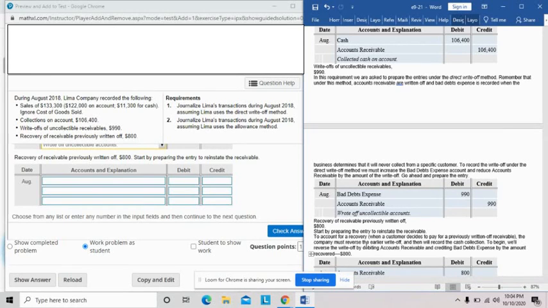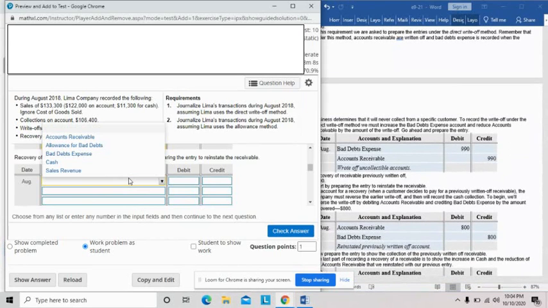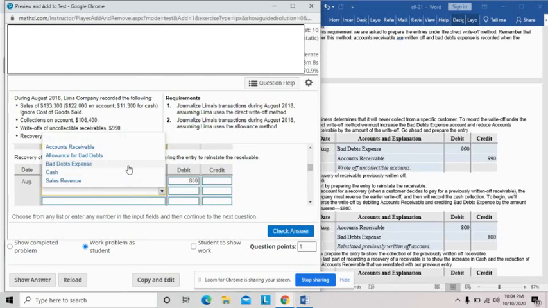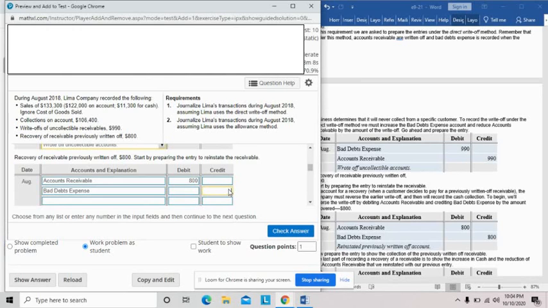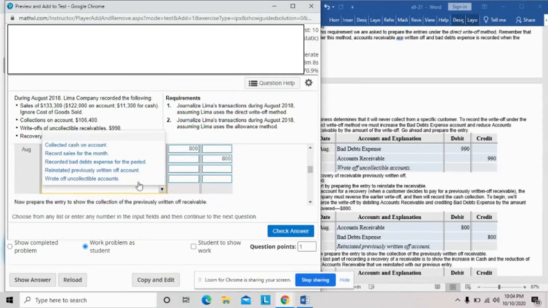To begin, we'll reverse the write-off by debiting accounts receivable and crediting bad debts expense by the amount recovered of $800. In this case, it will be a debit in accounts receivable of $800, credit of bad debts expense of $800. The explanation for this entry would be that we reinstated the previously written off account.